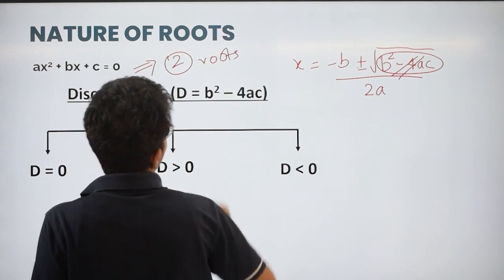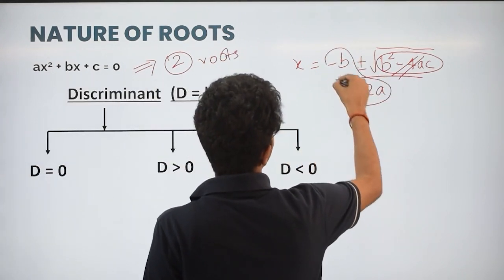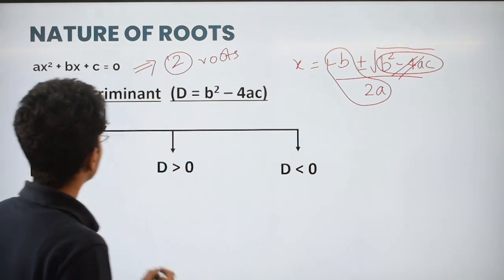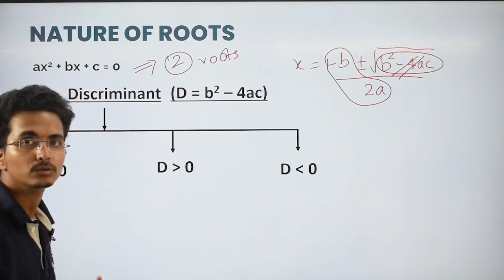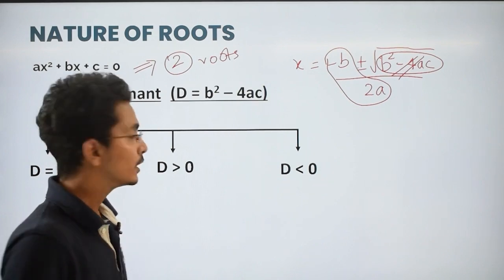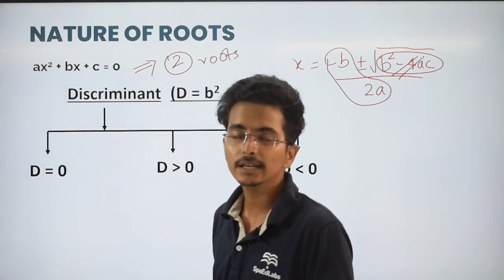But here you will get the value of x as minus b by 2a, only one solution. Yes, you will get one solution, but the roots will be two. So sir, how will there be two roots? Both of the roots will be equal. We will get two equal roots, both equal in sign.